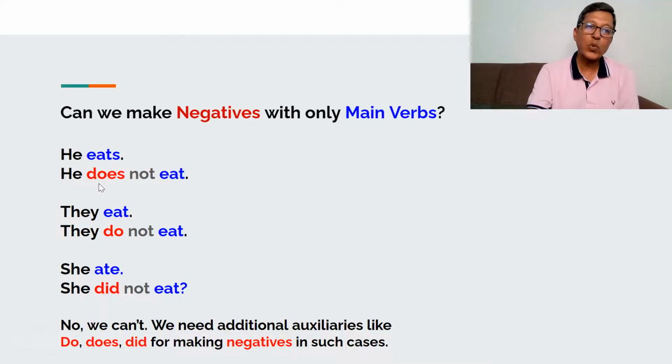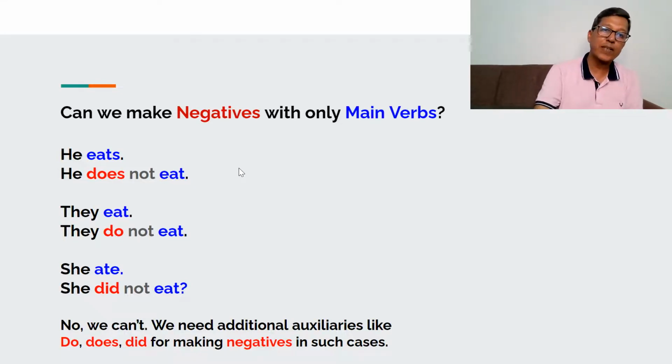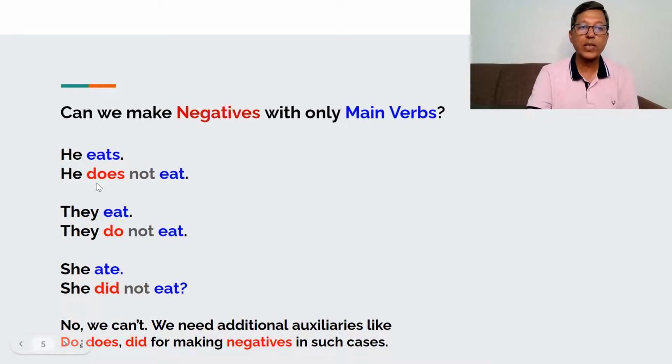So we have to use an additional auxiliary like does here for making negative. The same with they eat, they do not eat. She ate, she did not eat. So once again, if there are no auxiliaries, there are only main verbs in sentences, then we have to use additional auxiliaries like does or do or did for making negatives.